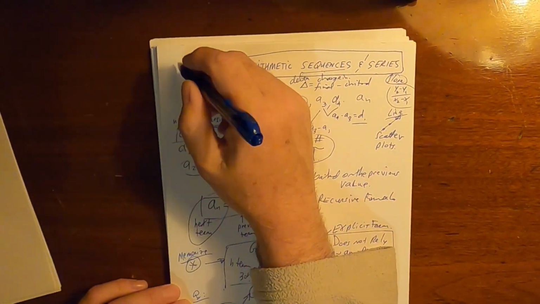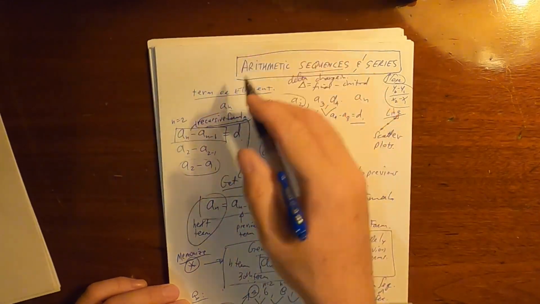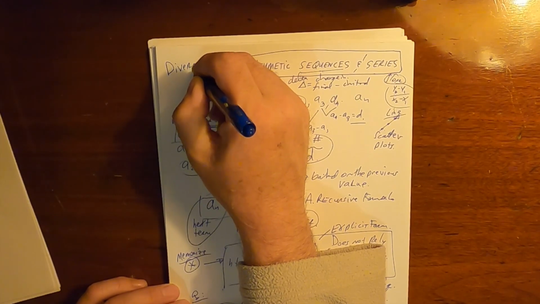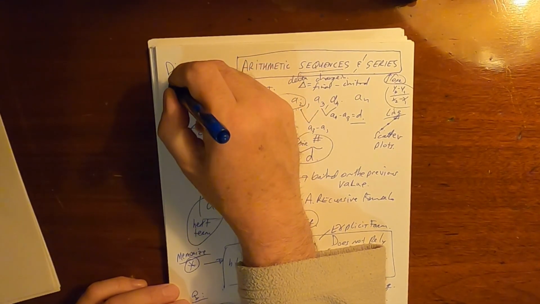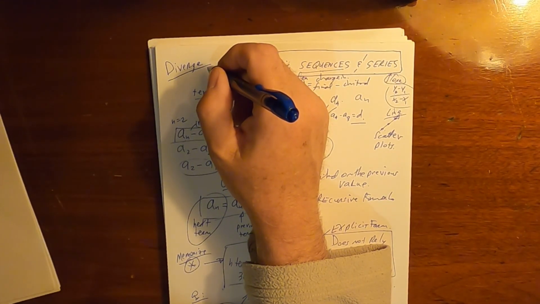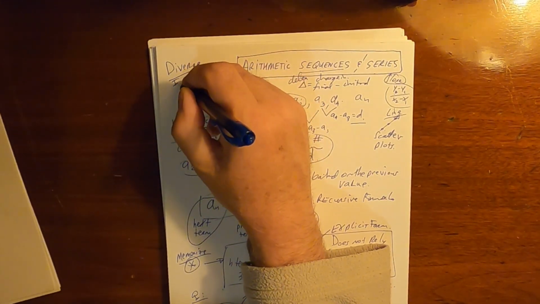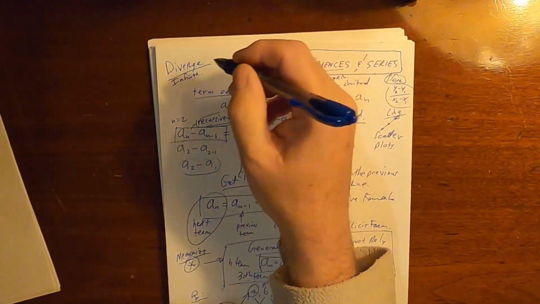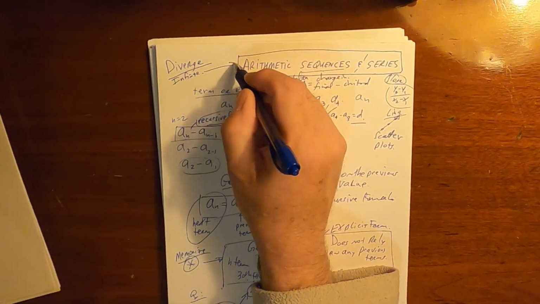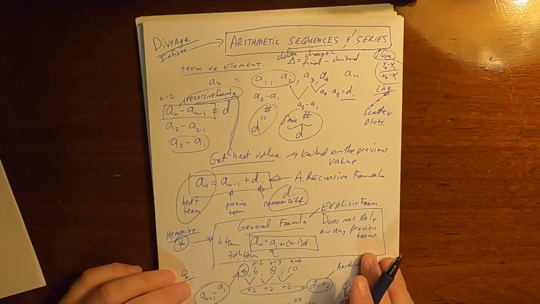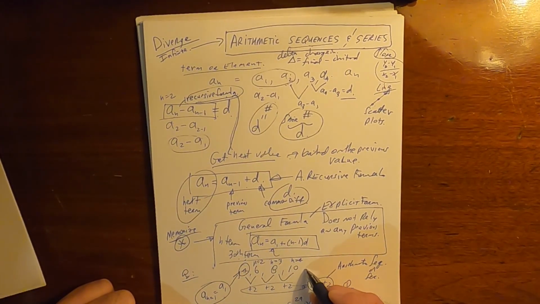These arithmetic sequences and series act like lines, like I said, and they generally diverge. You may say, well, that's a pretty big word, I haven't heard of that. Diverge. When we're talking about infinite arithmetic sequences and series, we take this out and keep going until n equals infinity.